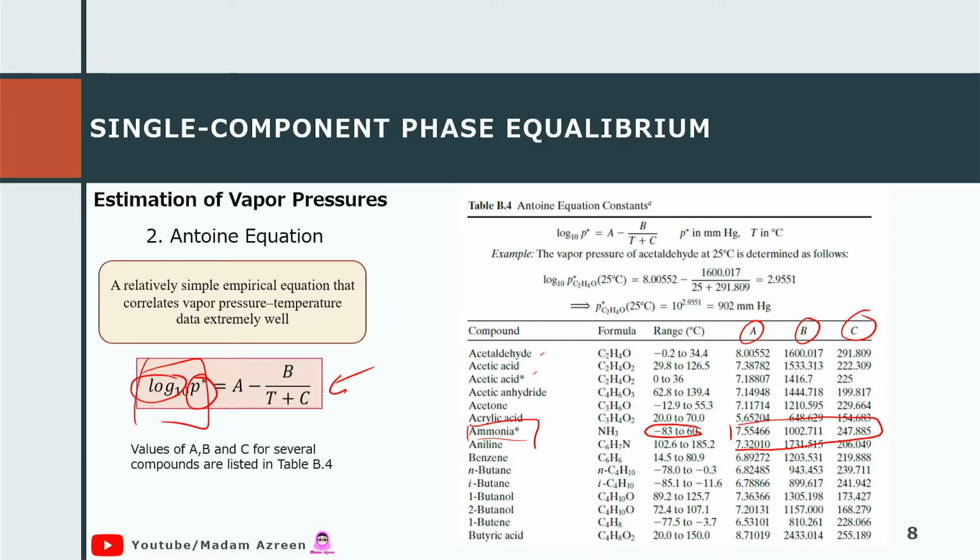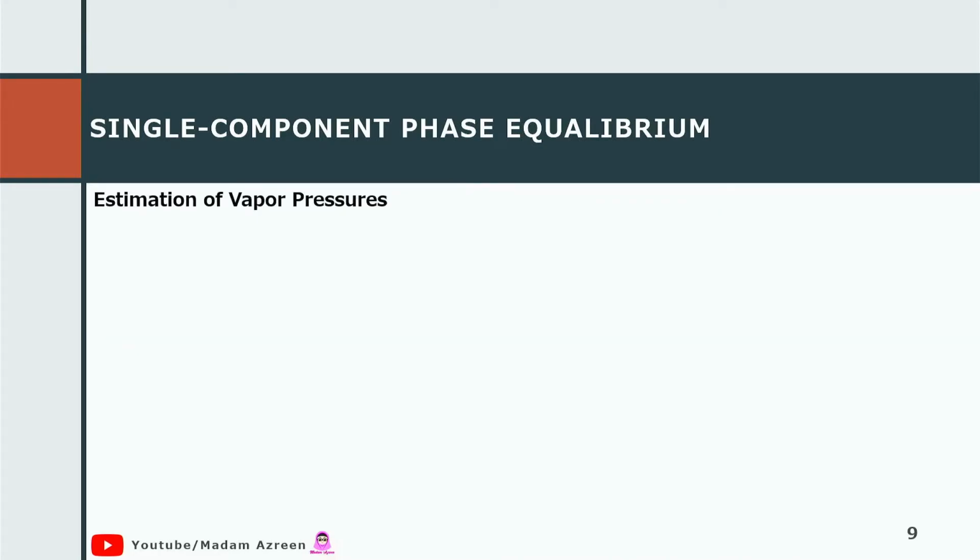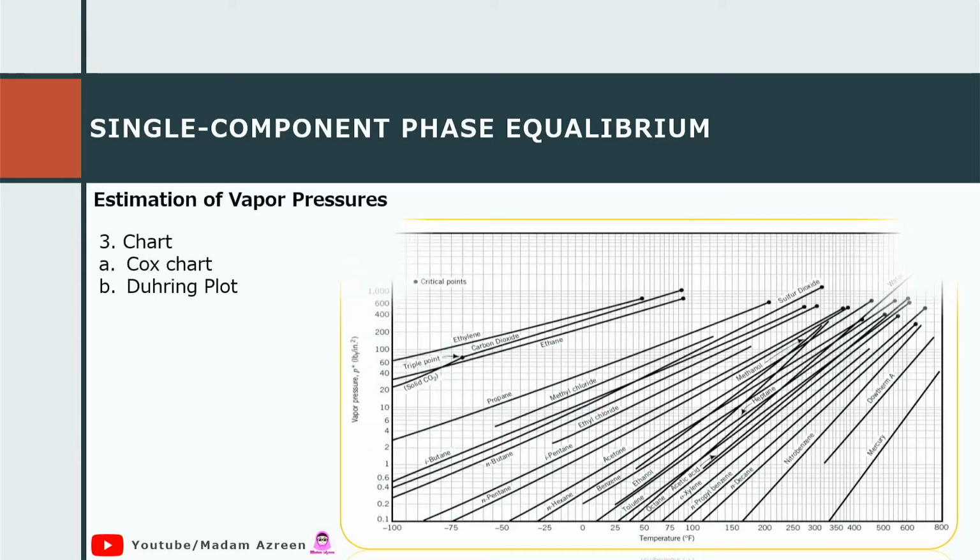So there are two equations for now, and the third one uses a chart. This is called the Cox chart. The data is not as much as the table because it depends on these lines. Each line represents each chemical, and how they do it is they drag from any pressure until this line and read the vapor pressure.